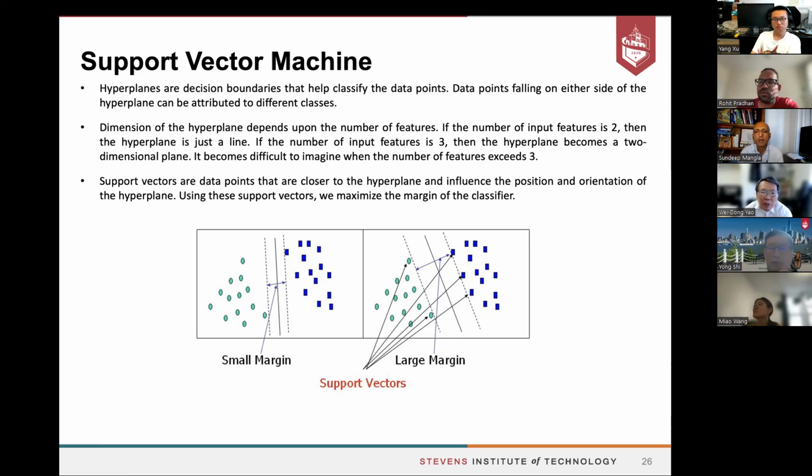The support vectors, the origin of the vector is in the bottom? Sorry, I'm thinking about those mathematical vectors. Yeah, it's a real mathematical vector. So where is the origin of that? How was the vector defined? Okay, so these support vectors are the data points.